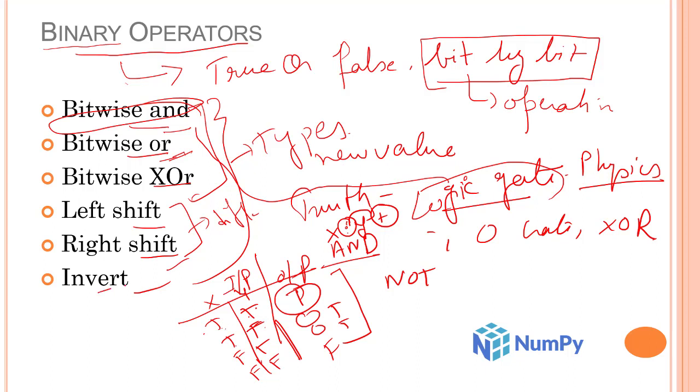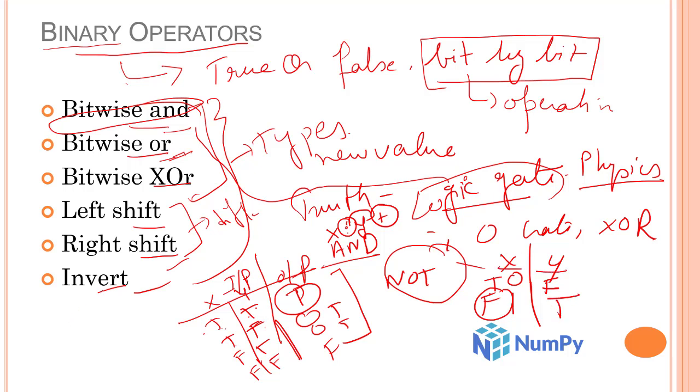Then comes the inverter. This is nothing but your NOT, the same as the NOT logic gate in physics. Suppose X and Y are 0 and 1, meaning true and false. If you have true, your output will always be false. If you have false, your output will be true. That is your input and output for the inverter.